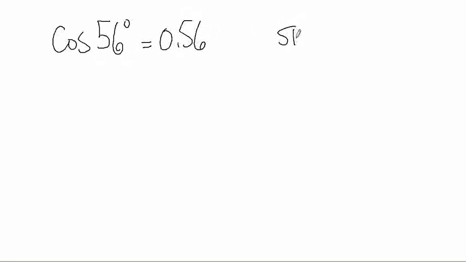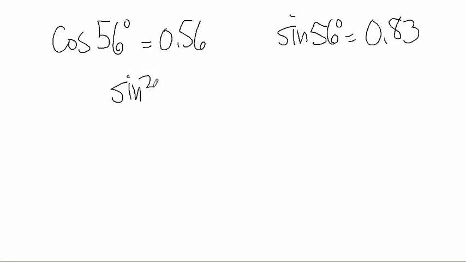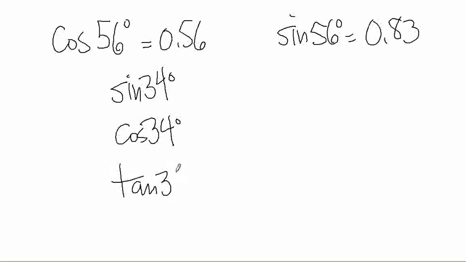The sine of 56 degrees is equal to 0.83. Using those two given values, would you please tell me, without using a calculator, what is the sine of 34 degrees, what is the cosine of 34 degrees, and what is the tangent of 34 degrees? All right? Pause the video and try to do those now.